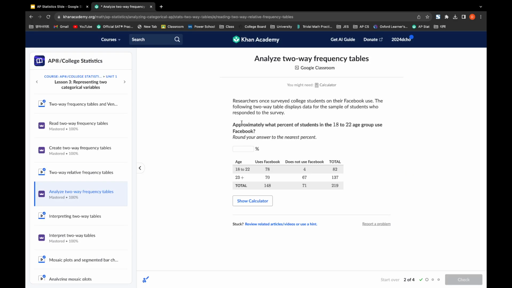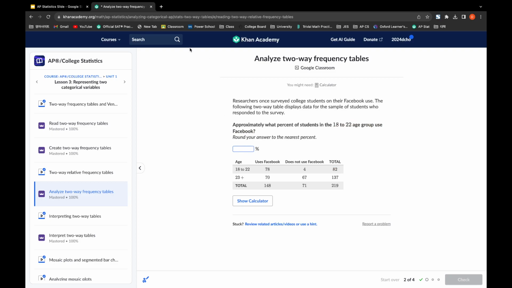Okay. Approximately what percent of students in the 18 to 22 age group use Facebook? So the population in this question should be students in the 18 to 22 age group, and the sample or the numerator part should be those who use Facebook in this age group, which is 78 and 82.